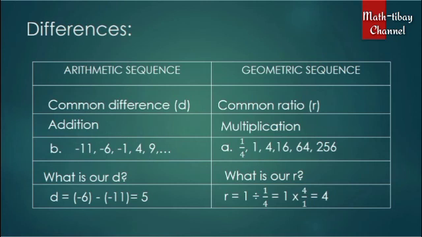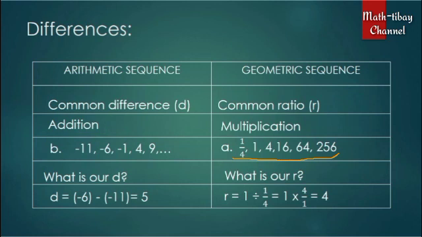As we can see, 1/4 multiplied by 4, the result is 1. Then 1 times 4 is 4. Then 4 times 4 is 16. Then 16 times 4 is 64. Then 64 times 4 is 256.